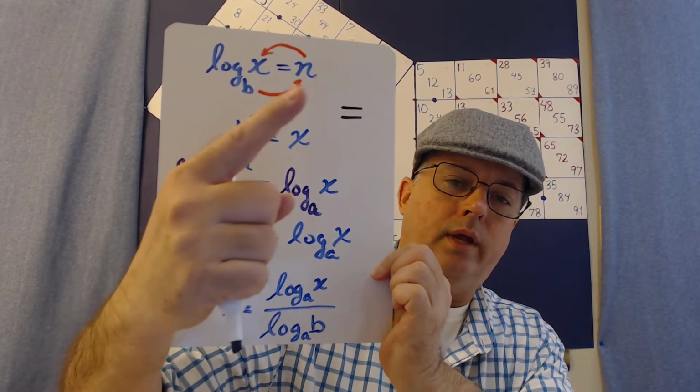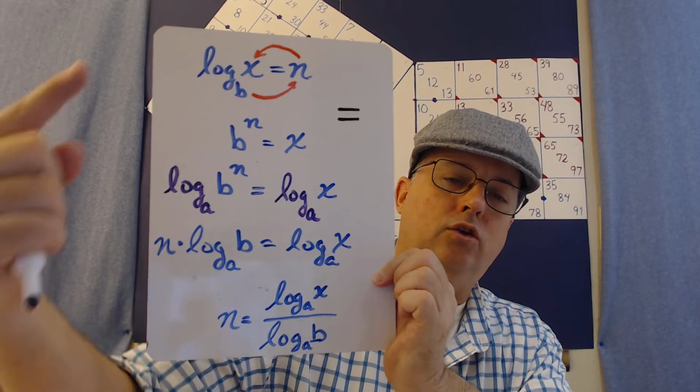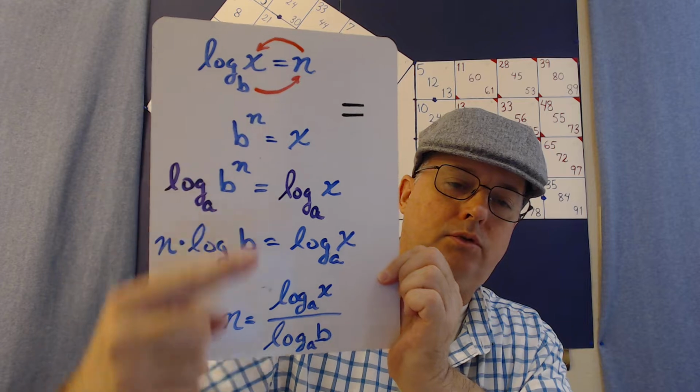So instead of putting n, I can just put log base b of x and substitute. We're going to take one more line on the next page and say the log base b of x is the same as the log base a of x over the log base a of b.